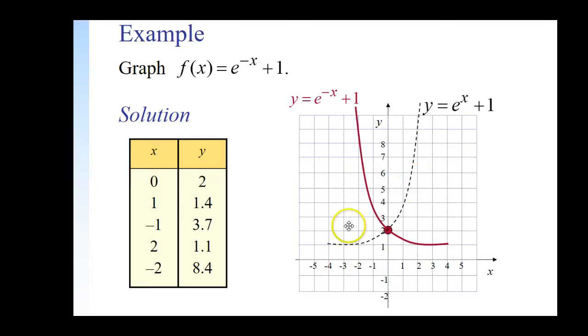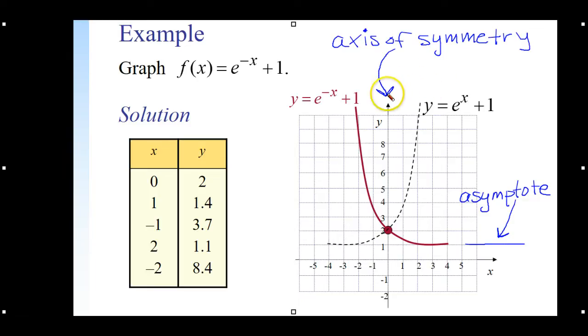Now, notice a couple of things here, that we get a reflection along our axis of symmetry. So what we see here then, our axis of symmetry is the y-axis, and these are reflections, and because of the +1, it shifted this up, so we have a new, as we did for this one, horizontal asymptote.